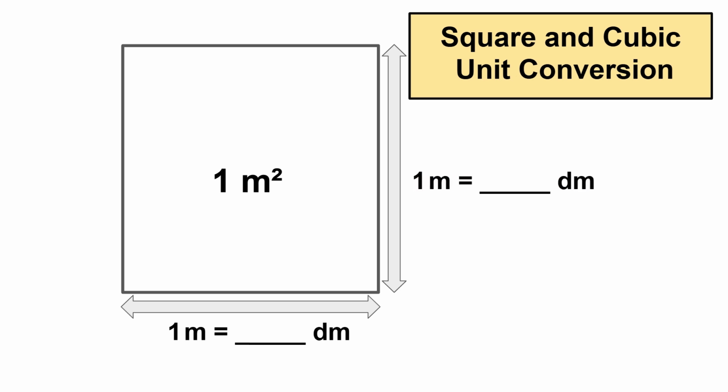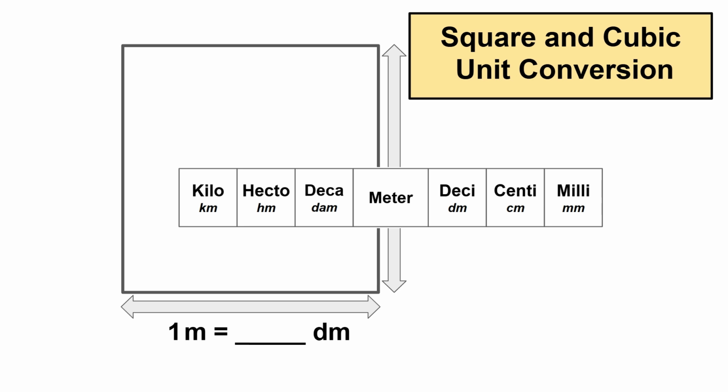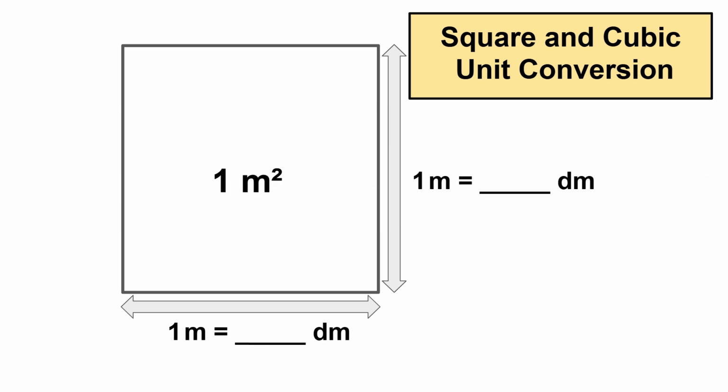Now, remember, with linear units, the number of spaces to the right on the conversion line tells us how many times to multiply by 10. And since deci is only one space to the right of meter on the conversion line, we take 1 and multiply by 10 one time, which equals 10. So the length and height of the square is 10 decimeters, giving the square an area of 100 decimeters squared.